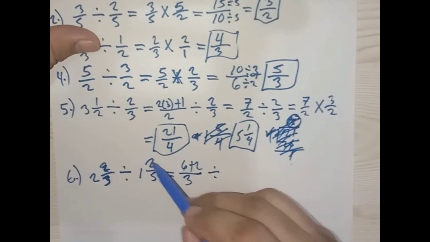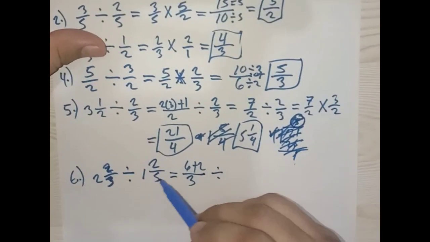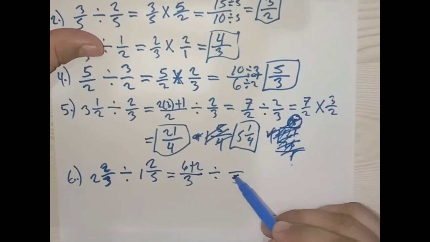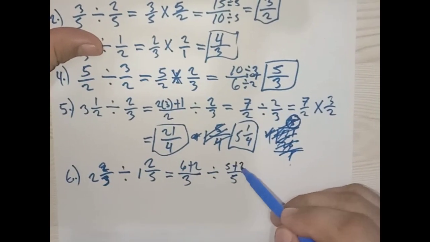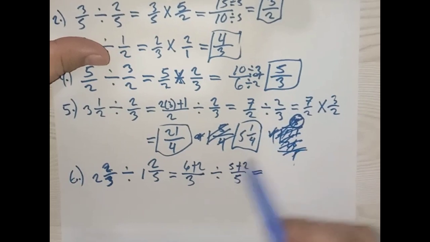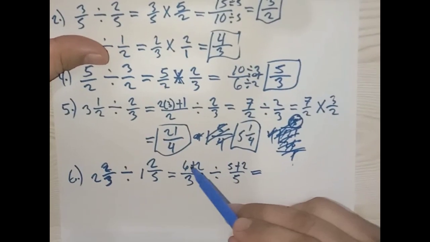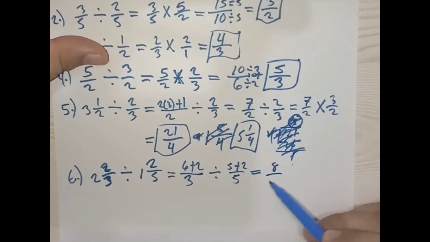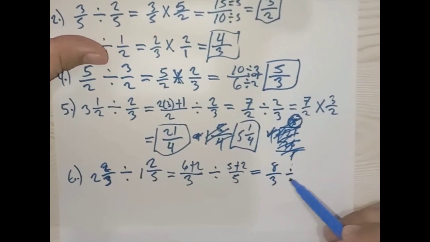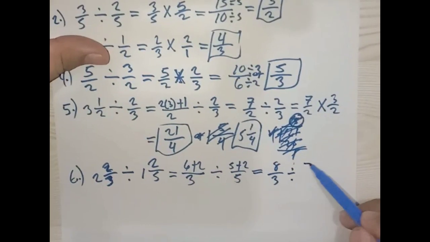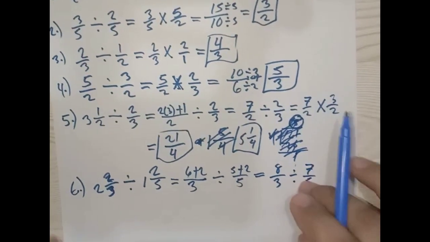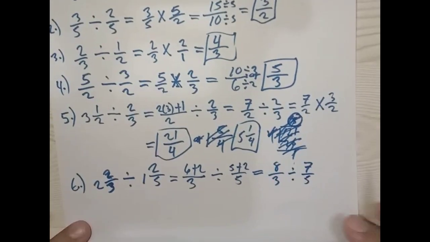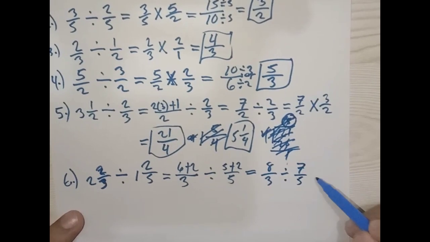Divide. Dito tayo sa pangalawa. Copy the denominator. 5 times 1 is 5 plus 2. Okay, so simplify muna natin. 6 plus 2 is 8 over 3. Divide. 5 plus 2 is 7 over 5. Okay, so dito na natin i-apply yung in-apply natin kanina.